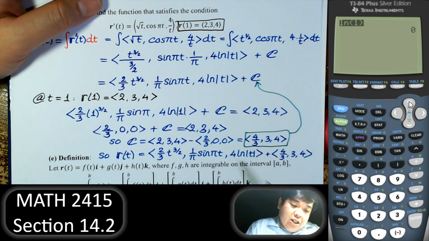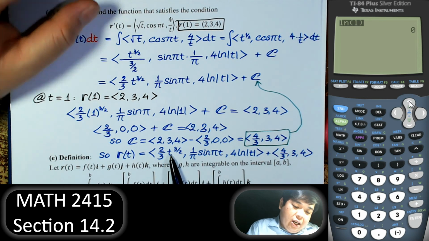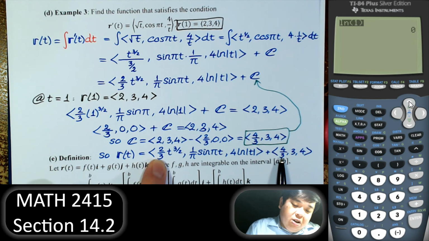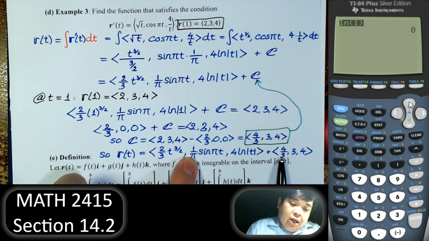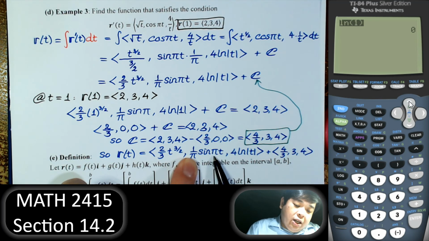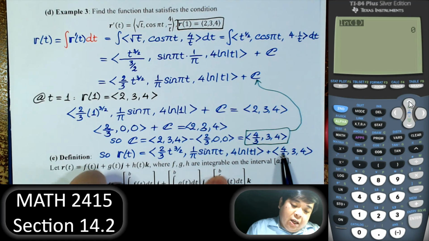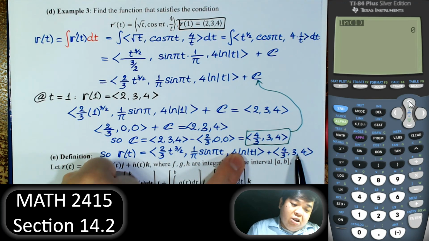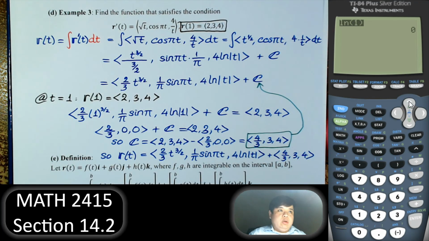And then the initial value problem, when we put 1 in here, you have 2/3 plus 4/3, 6 over 3 is 2, so that's good. Now if you put 1 in here, that is 0 plus 3 gives us 3, and then if you put 1 in here, that's 0 plus 4 gives us 4. So yeah, that looks good.